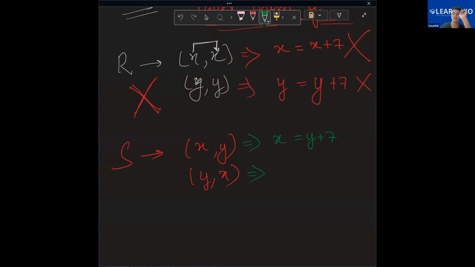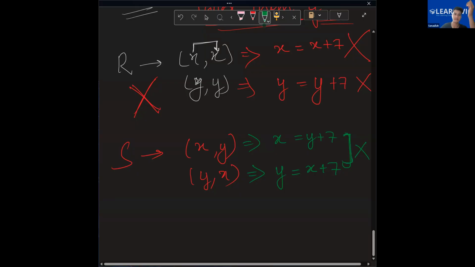But according to this, y is exactly 7 centimeter taller than x. So both statements are contradictory, opposite of each other. The first says x is taller than y by 7 centimeter, and the second says y is greater than x by 7. Both things are not possible at the same time. So definitely this is also not symmetric.